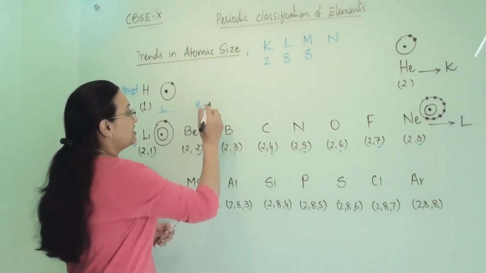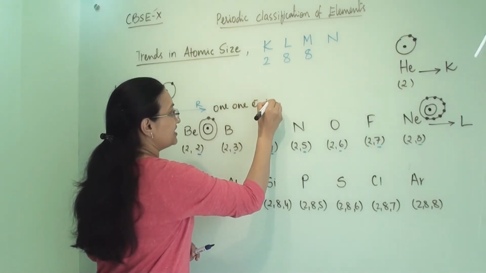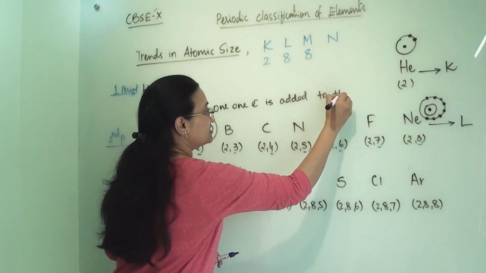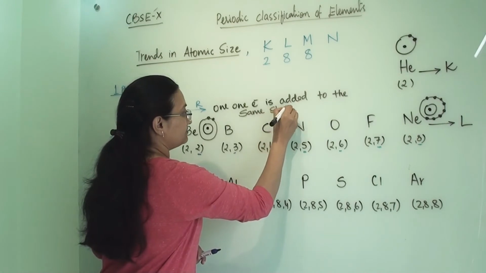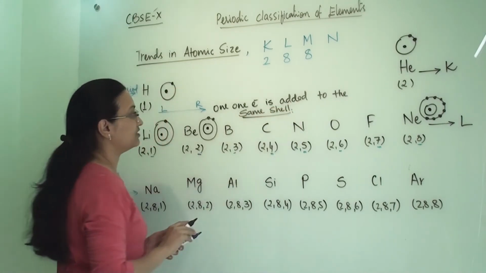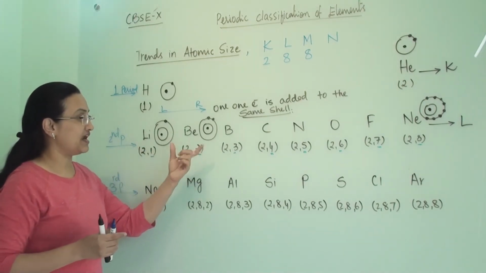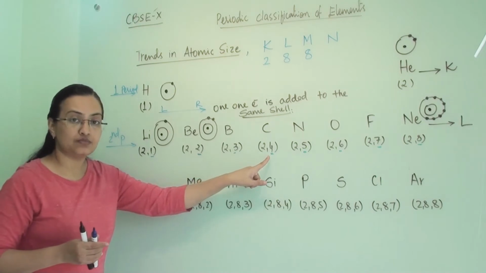So here I am writing, 1 electron is added to the same shell. This is important. This is the trend. As we are going from left to right, 1 electron is added to the same shell.